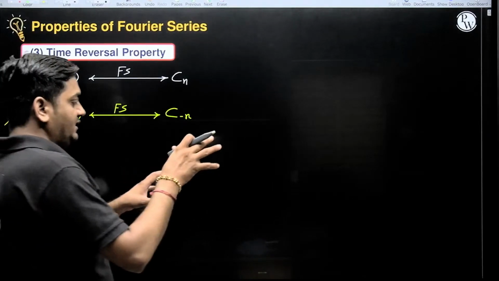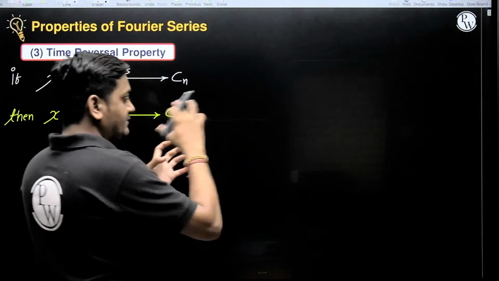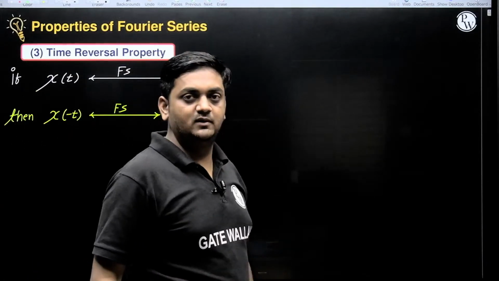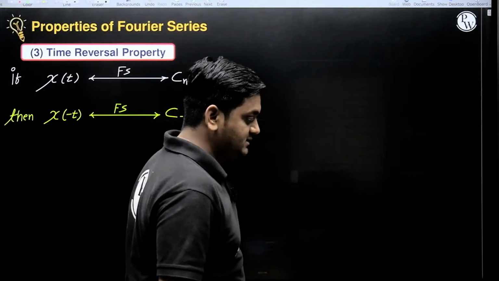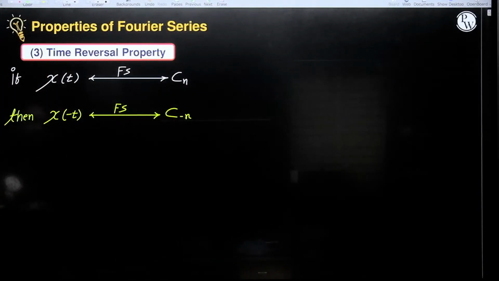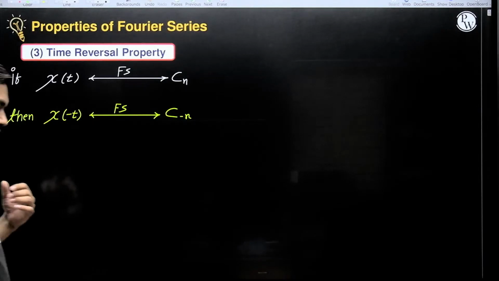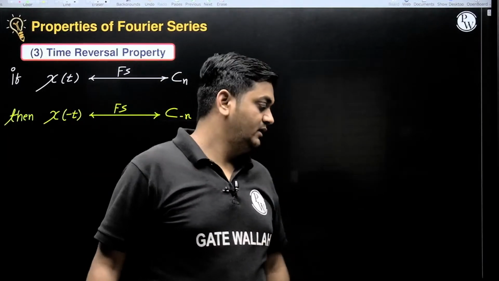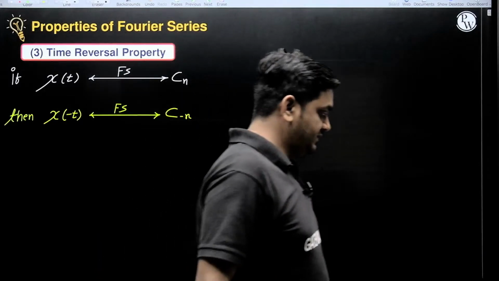So right side samples will come to the left side and left side samples will come to the right side, simple, flipping with respect to the y axis. Here also we can prove this property, guys, but as I told you, wherever proof is required, definitely we will prove. Do you want the proof of this property?